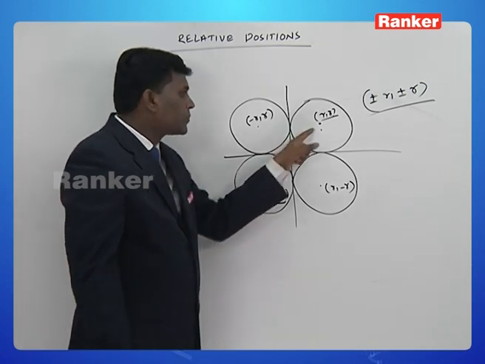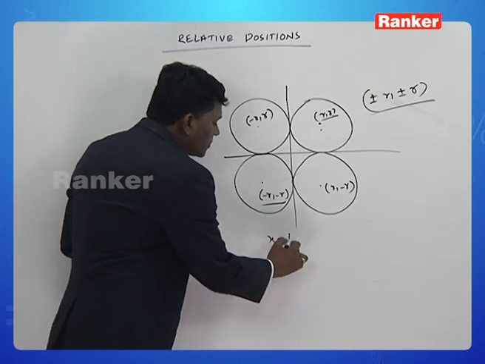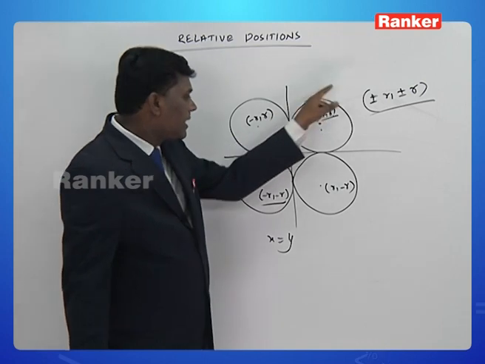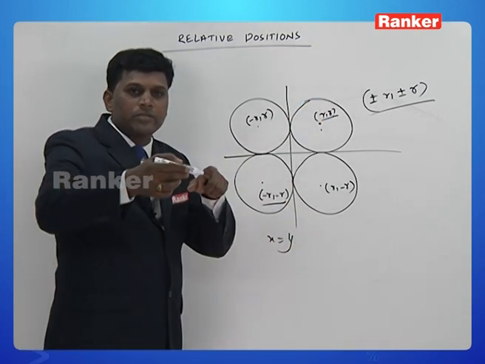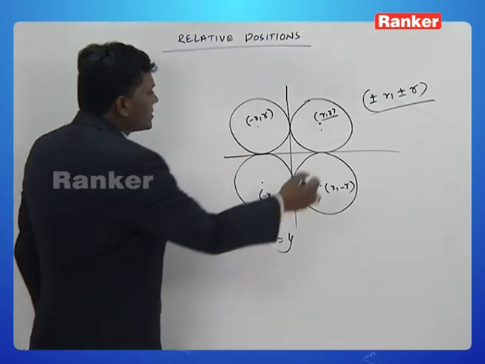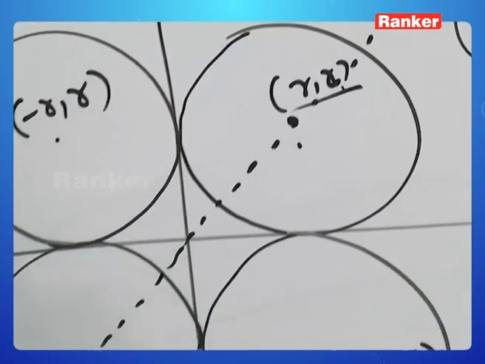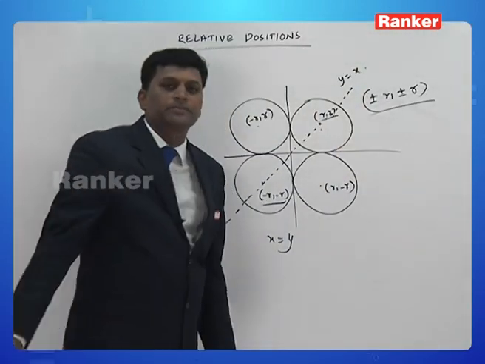So both of these points satisfy the condition abscissa equals ordinate. That is why both of these points lie on the line x equals y, which is the angular bisector of the first and third quadrants. So if you join these two points, we get the straight line y equals x.